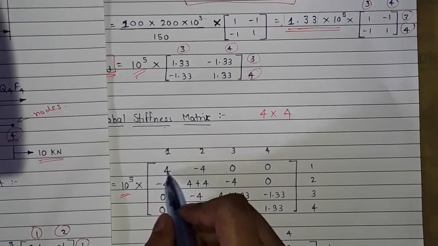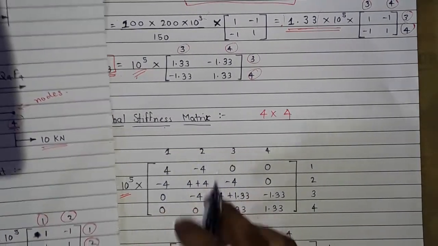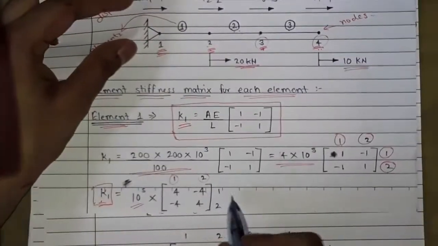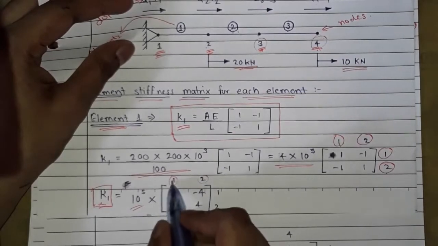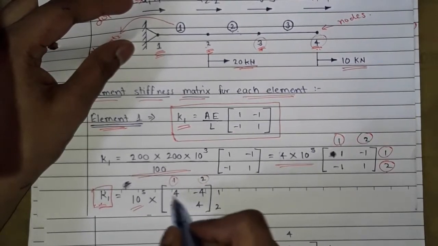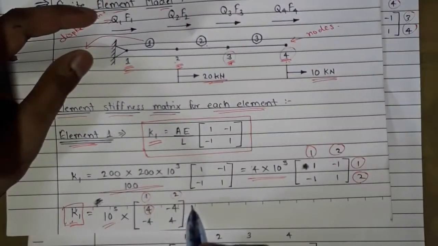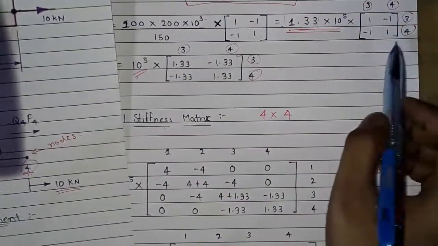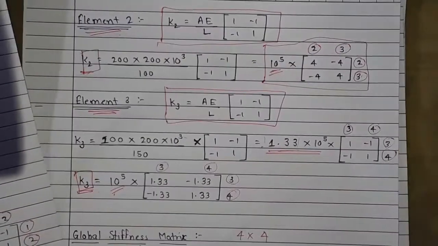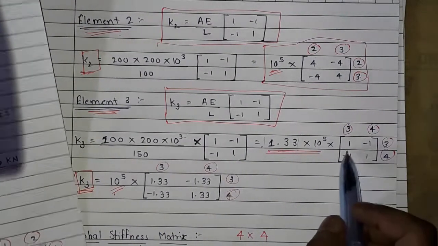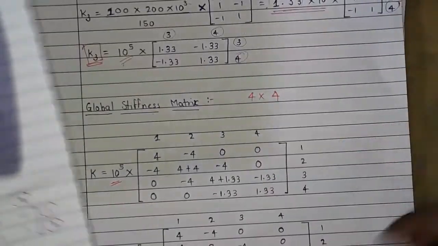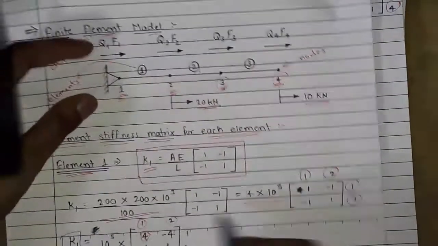Now for first column and first row, how can we find this value? See here on this matrix of K1, the first row, first column value is this one, 4, and there is no other matrix which has first row and first column, that is which has the first node. In this matrix there is no first node, and here also there is no first node. So the value for this first node is 4.